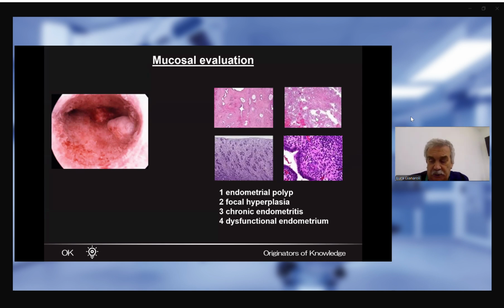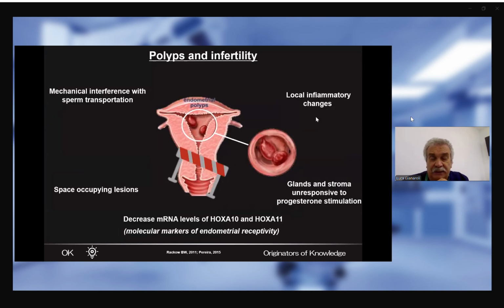On the endometrial polyp, I don't want, again, to waste too much time, but please do not believe that the size of the polyp is strictly related to the unsuccessful story of an IVF embryo transfer. We should never forget that a polyp of 2-3 millimeters in a virtual cavity, in fact, occupies most of the cavity when it's positioned just after the internal uterine ostium.